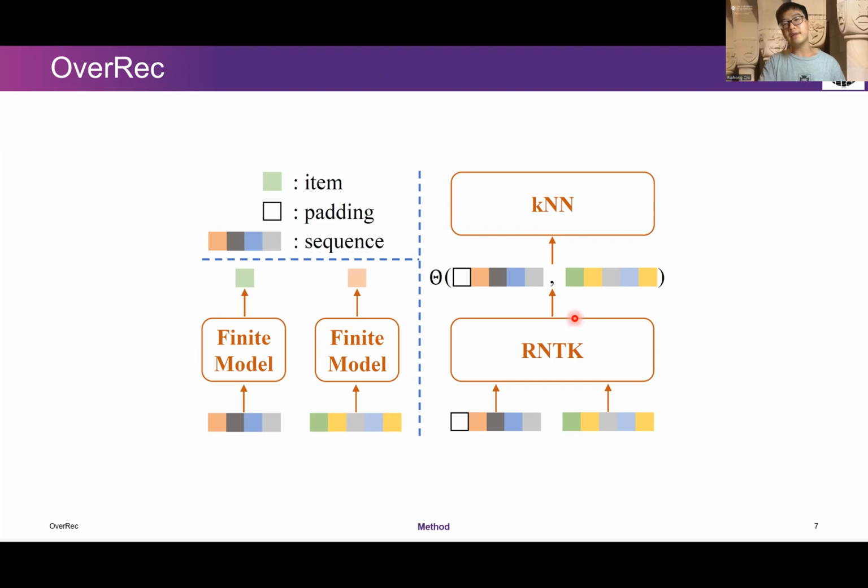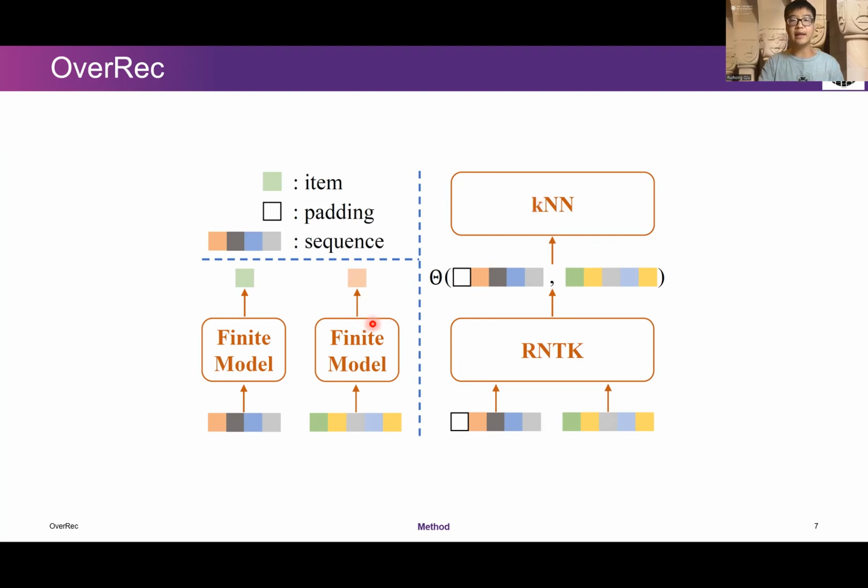In our method, we use the RNTK to compare different sequences. And when we have a kernel that calculates the similarity between these different sequences, we simply use a KNN, based on this similarity measure, to do the prediction.